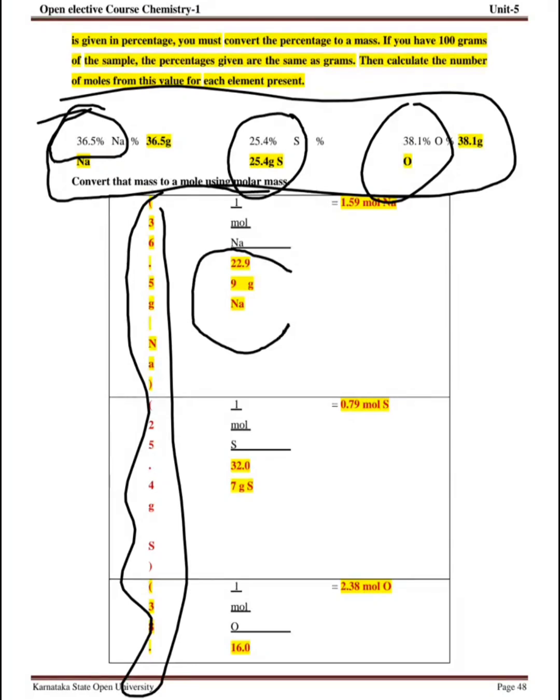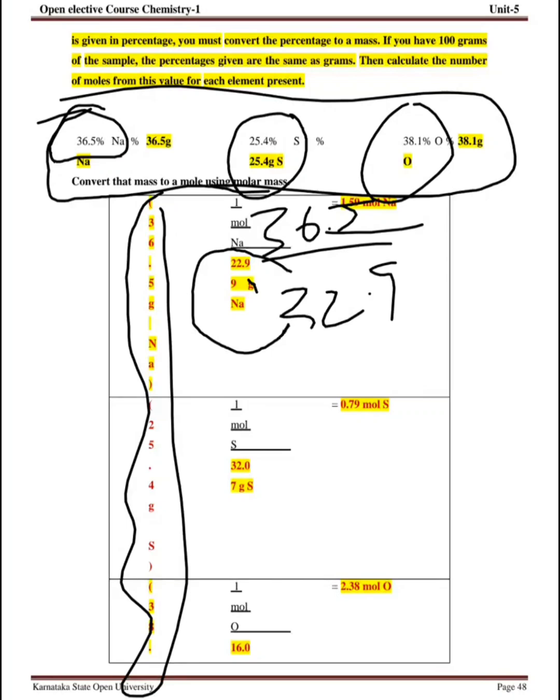This is wrong a little; the unit gram is not there. So the percentage of sodium is 36.5, and 36.5 divided by 22.9 gives you 1.59 moles of sodium.